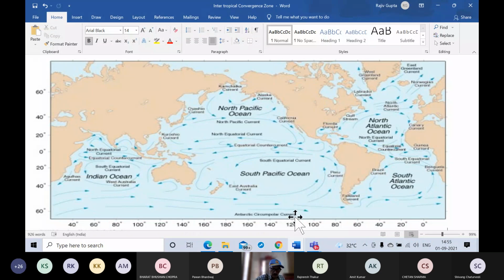Of course, ocean currents itself is a dedicated topic. We can cover it sometime. Yes, we will cover it. But this came up because of the flow of currents due to movement of the ITCZ with seasons.